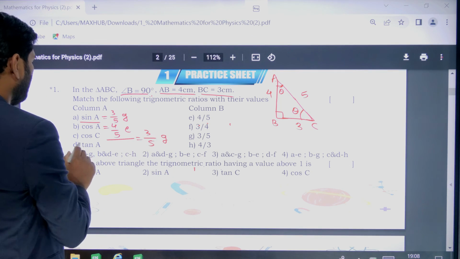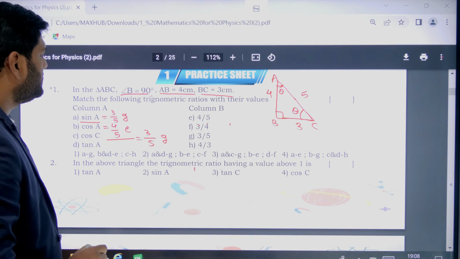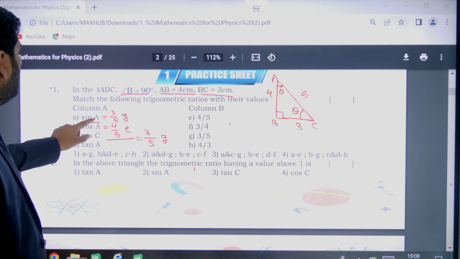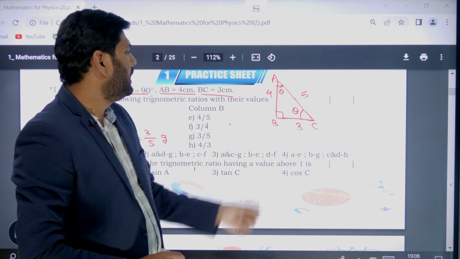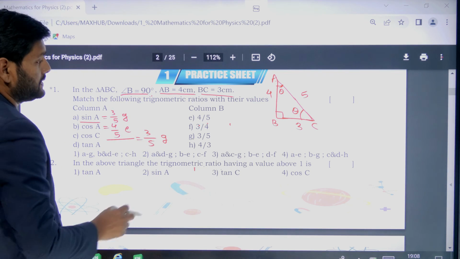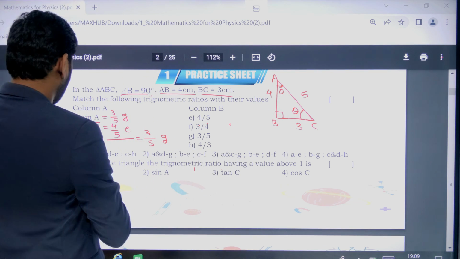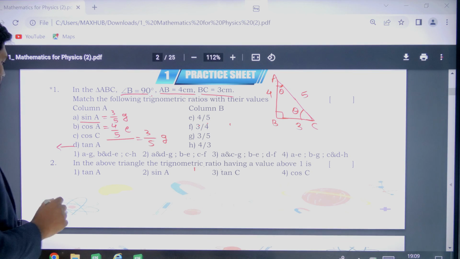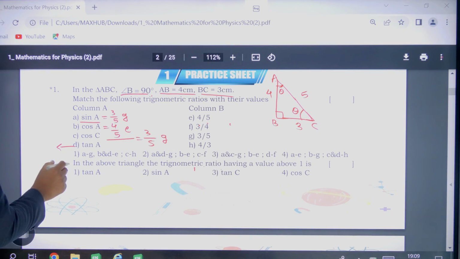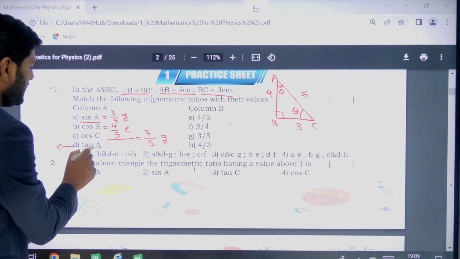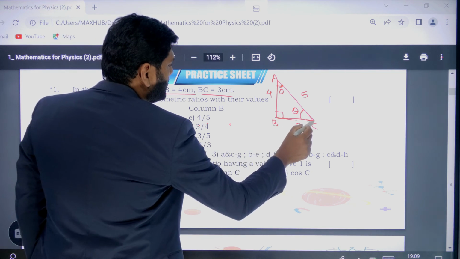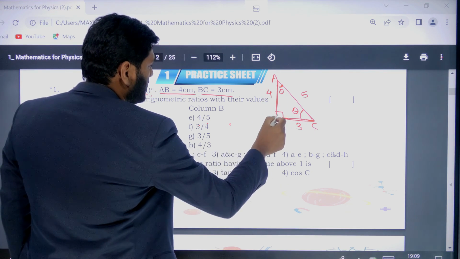And finally tan A is nothing but opposite side by adjacent. Tan A means opposite, which is BC, by adjacent, which is AB.